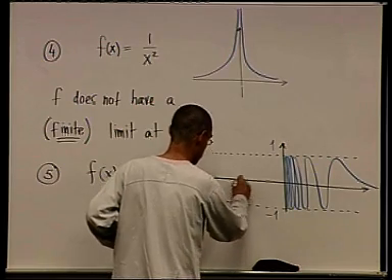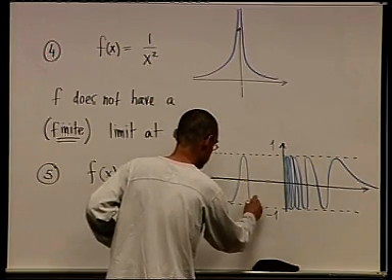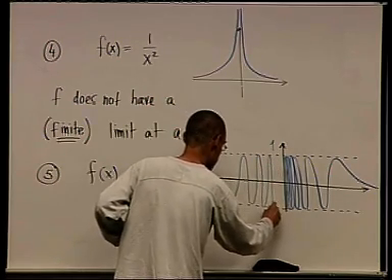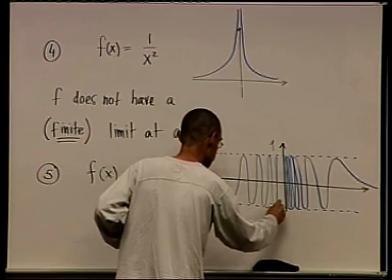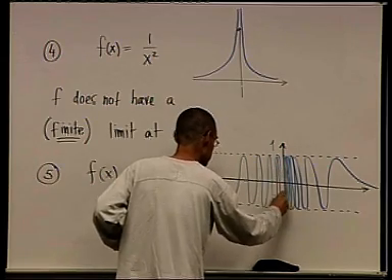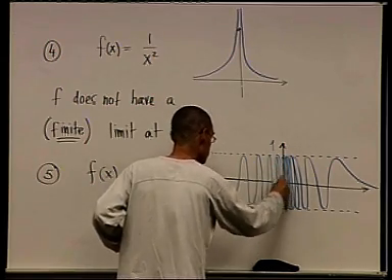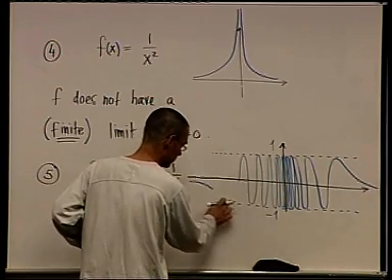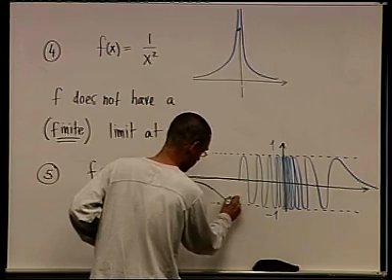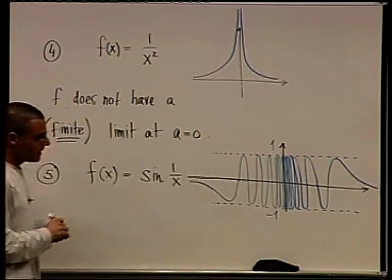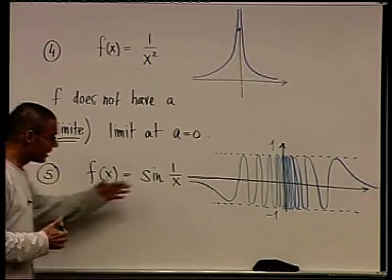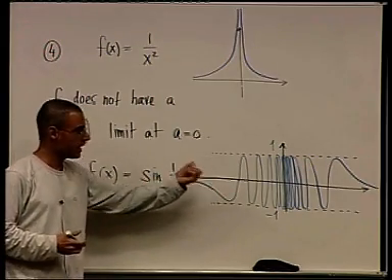So the picture is something like this. Okay? And that's what the graph of this function looks like. Okay? Is everybody convinced that this is kind of what should happen?